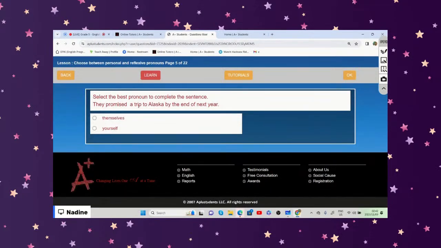They promised, they, referring to more than one person. So they promised themselves or they promised yourselves a trip to Alaska by the end of next year.